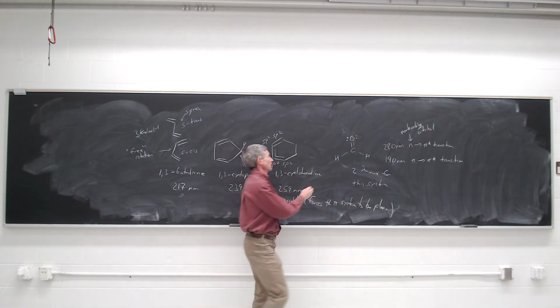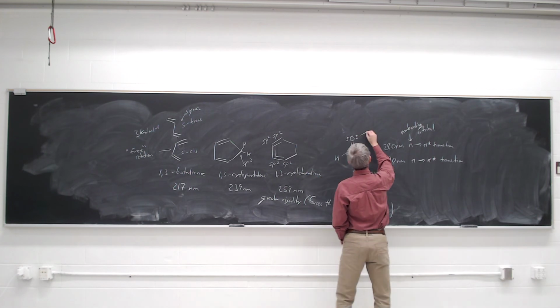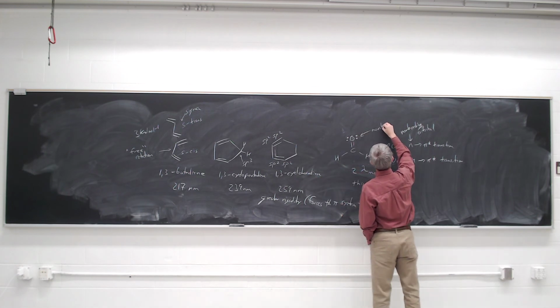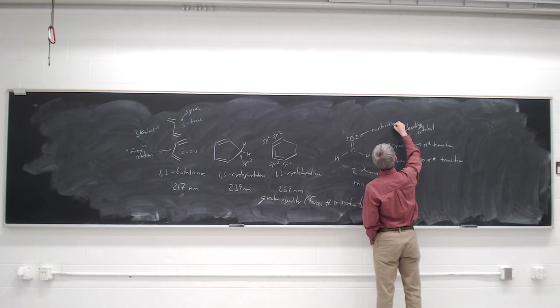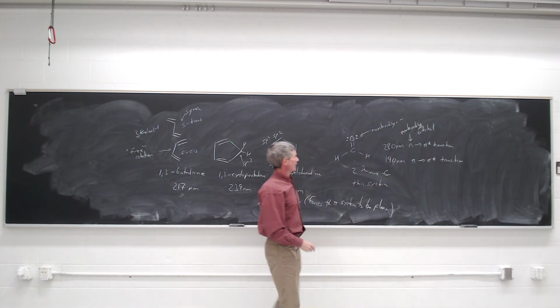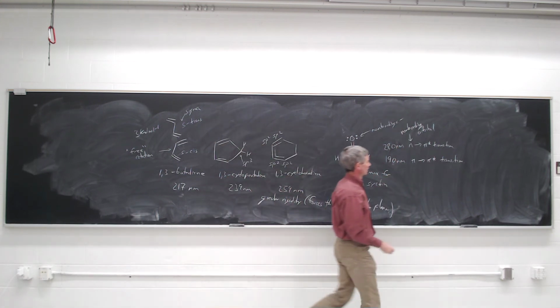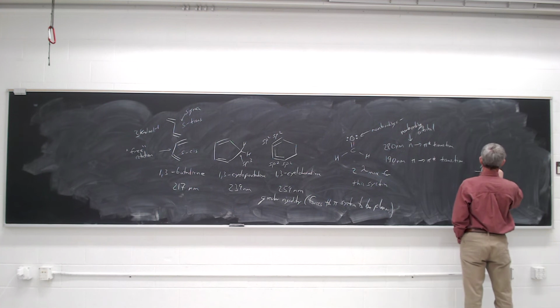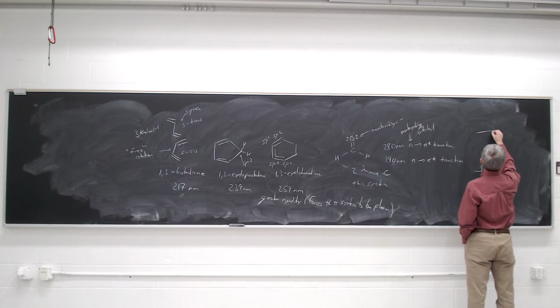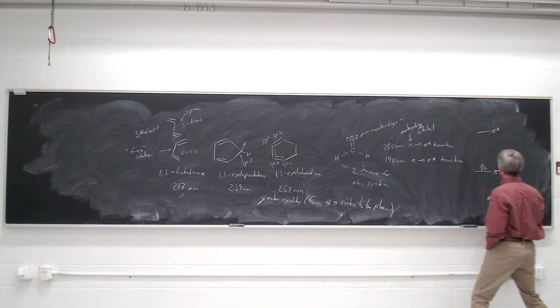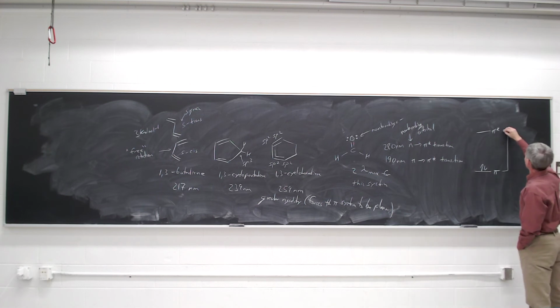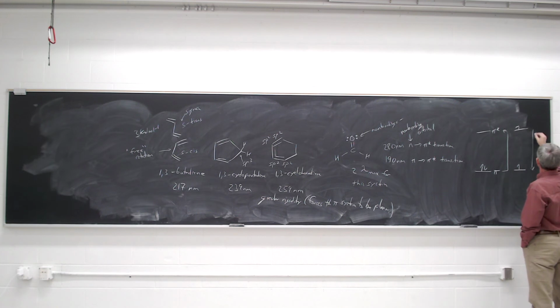Because there are lone pairs here, these are non-bonding electrons, we have the possibility of electrons being promoted from the pi to the pi star orbital with this energy gap.